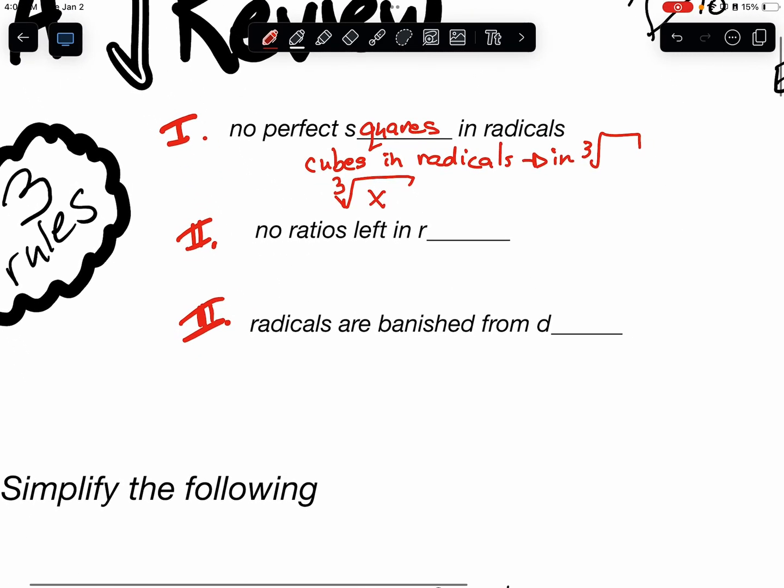Rule number 2, a little bit trickier. We can't leave any ratios inside of a radical. So if you see a fraction like a over b and it's sitting inside a radical, that's got to be cleaned up. The third and final rule is that you cannot have a radical in the denominator of a fraction.